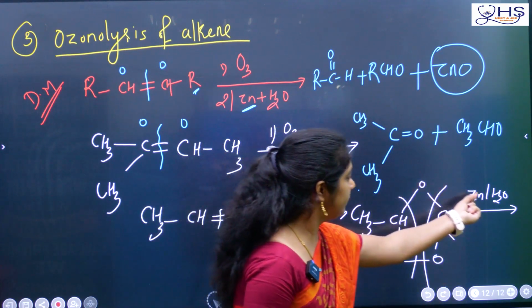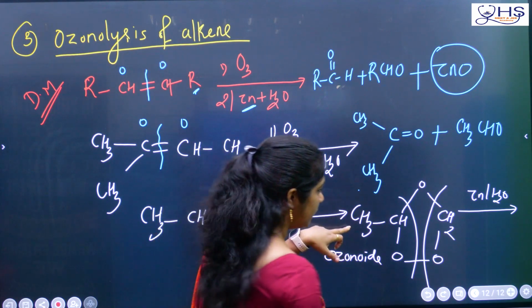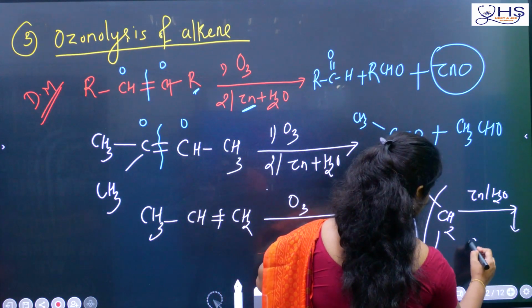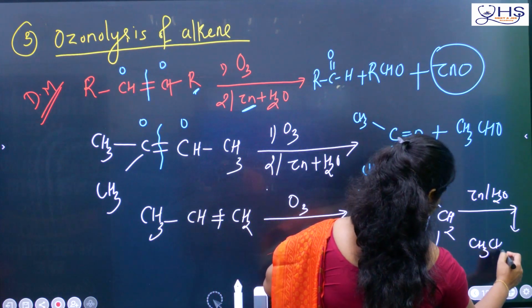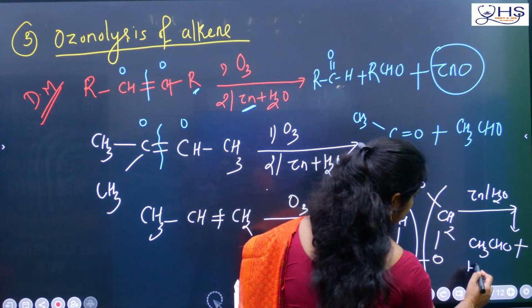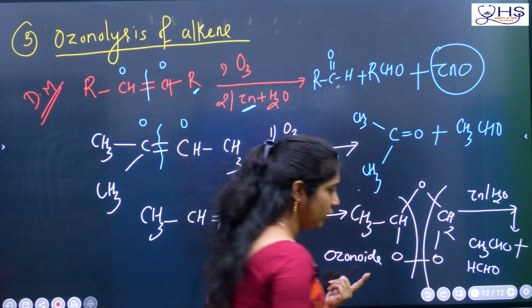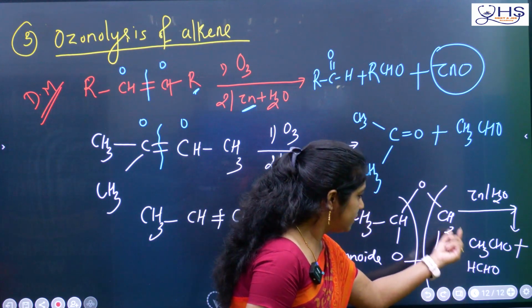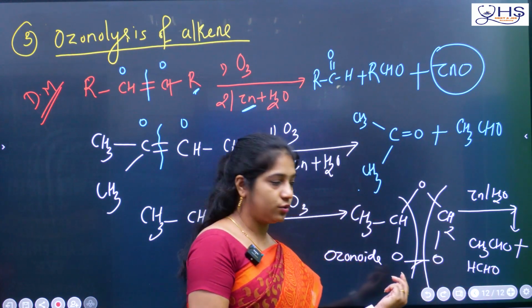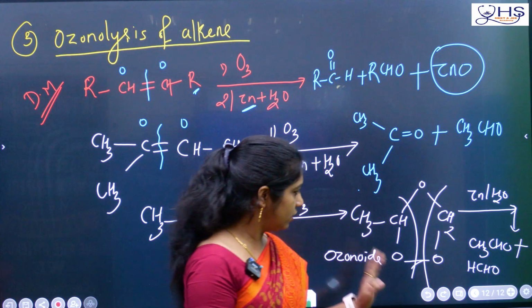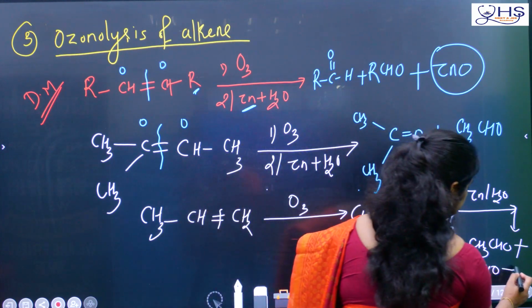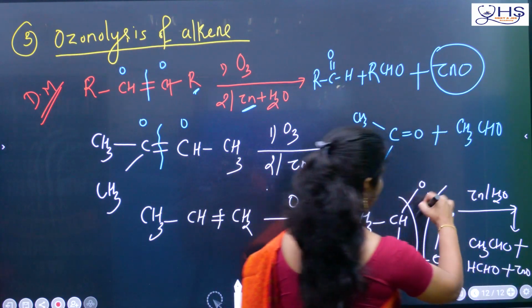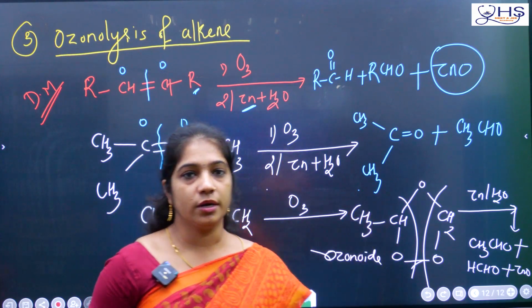Now this oxygen will be taken by zinc, that's it. So here I am writing CH3CHO plus H2CHO, same meaning, no problem. Plus the one oxygen will go with zinc. So this is the product.